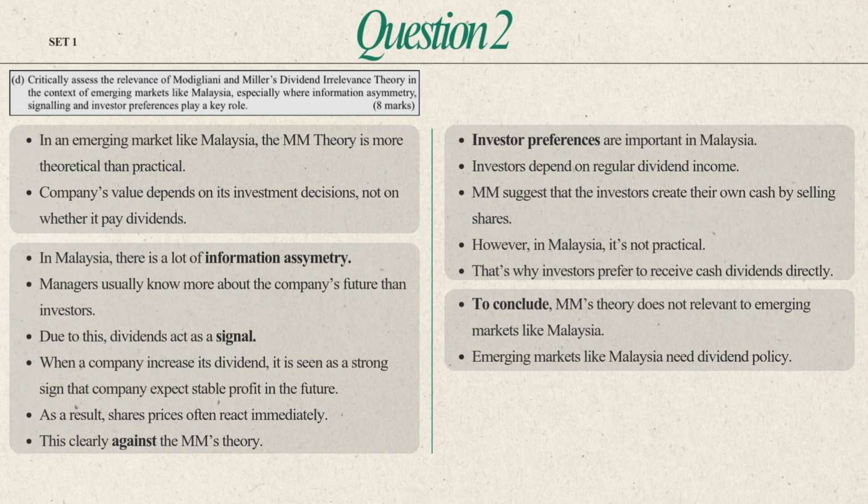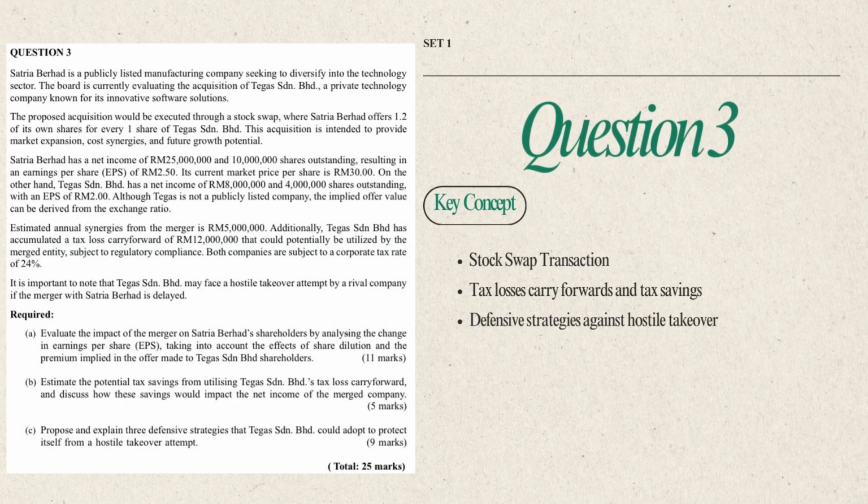Alright, for question 3, we are looking at the proposed merger between Satria Berhad and Tegas Sendirian Berhad. Satria is a listed manufacturing company, while Tegas is a private technology company. The acquisition will be carried out through a stock swap transaction, where Satria offers 1.2 of its own shares for every one Tegas share.